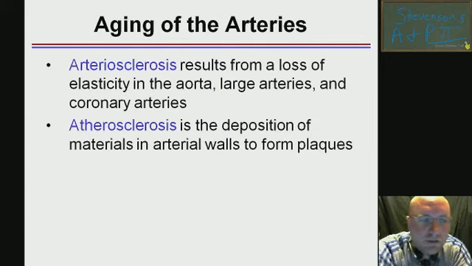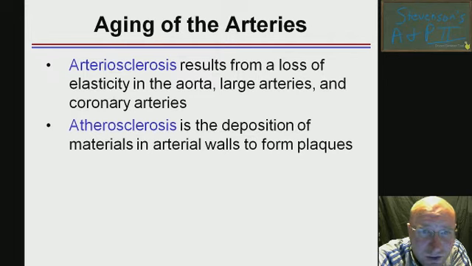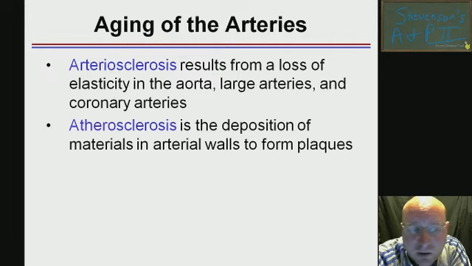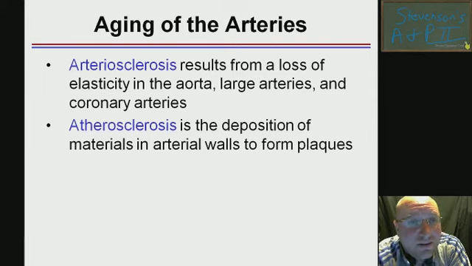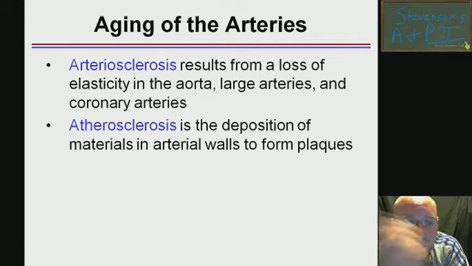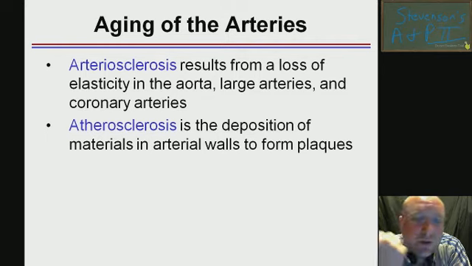Arteriosclerosis. When you get older, your arteries might tend to clog. Your arteries don't have the elasticity that they used to have. They can't allow the blood to flow at a high rate. So you get your large arteries, your aorta, and your coronary arteries.